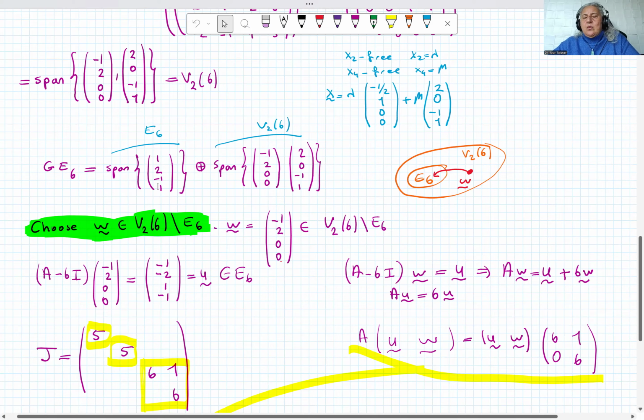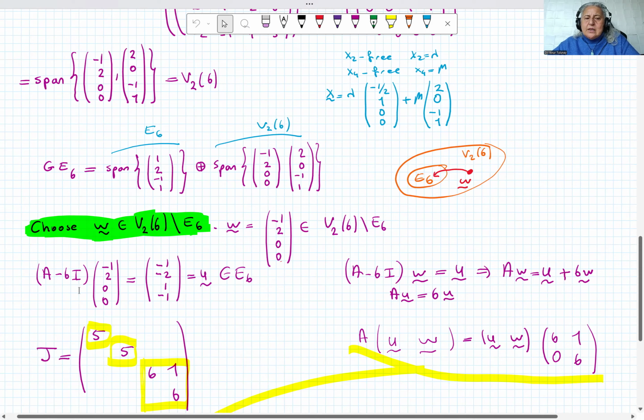That's what we wanted to find out. We choose a vector here, apply the transformation, in this case A minus 6I, and we want to obtain a vector in E6. That's what we found, right? W gave us u.